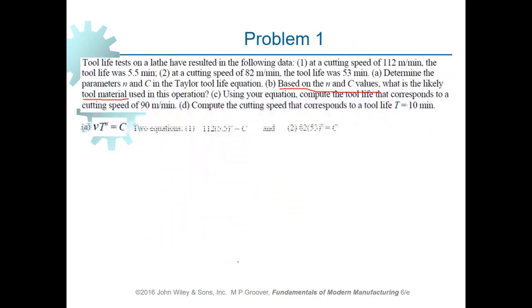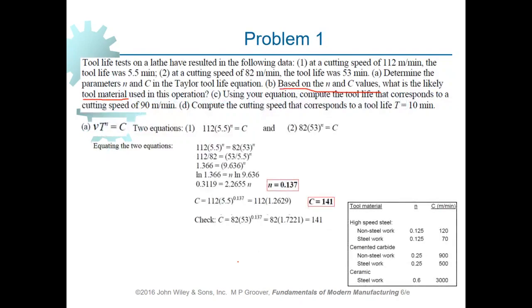Well, it's very obvious that if we take the values of this table or similar tables, then the values of n, which is 0.137, and C of 141 are closer to, say, high-speed steels, and particularly the top row of the high-speed steels.